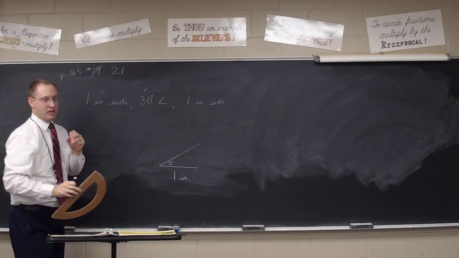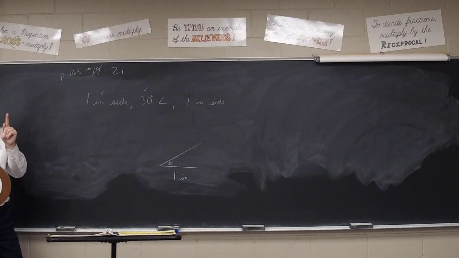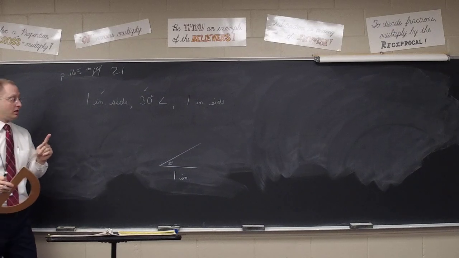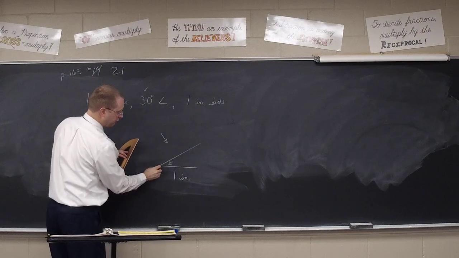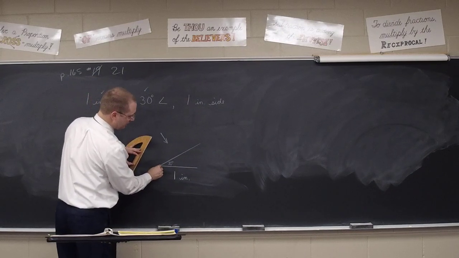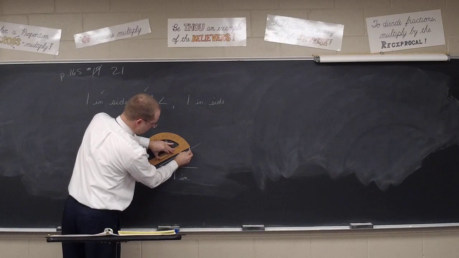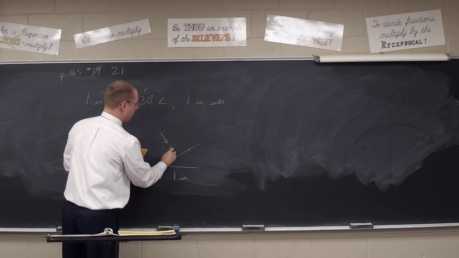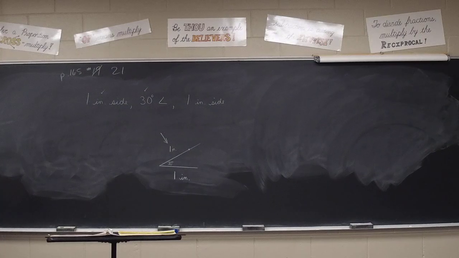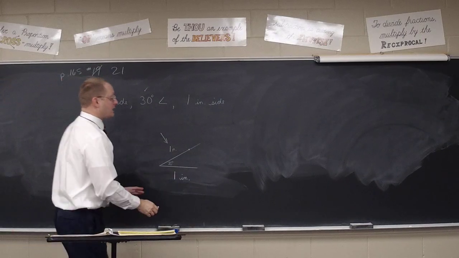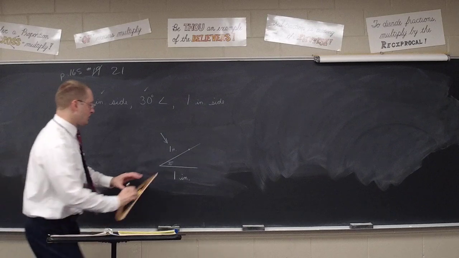And then, what do I have to do next? Measure the second side. On this line, from here, measure how far, class? 1 inch. Measure 1 more inch. Let's just say it's right about there. And then I don't have a triangle yet. What do I have to do to finish the triangle, class? Connect the dots. You're going to take the straight edge and just connect the dots down.